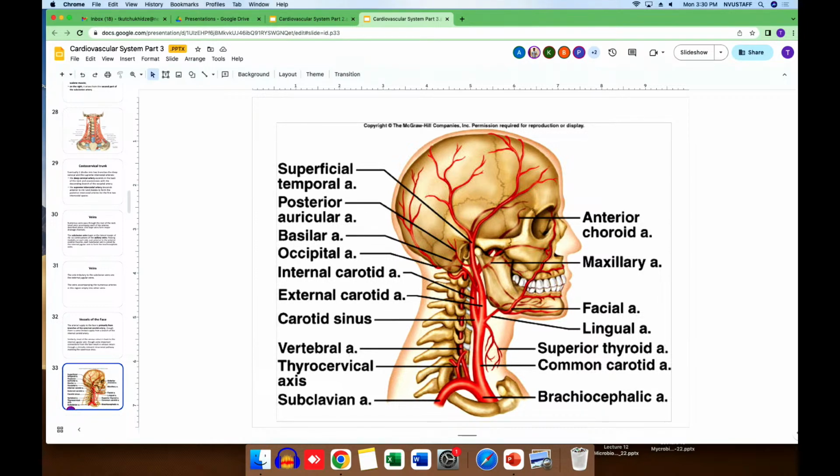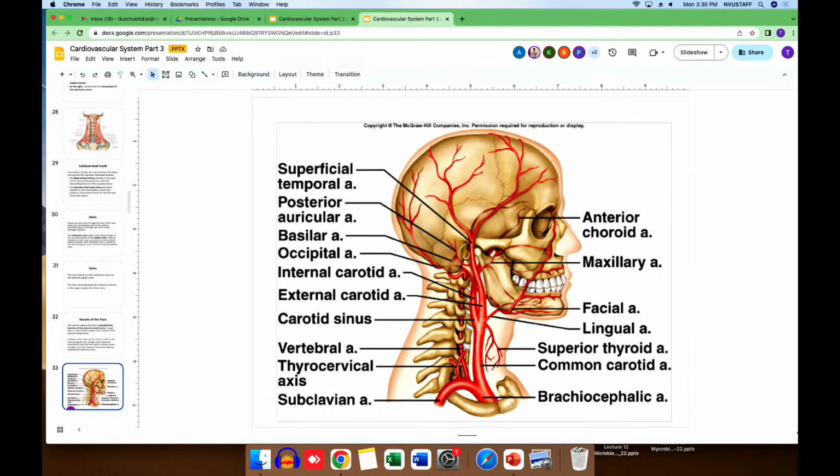Continuing and talking about our vessels, as we've already discussed the neck area. From the neck area, we're having these vessels going to the scalp and the face, right? So here we're having the brachiocephalic trunk and our subclavian artery.